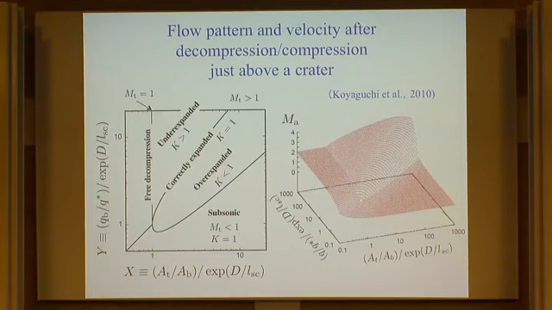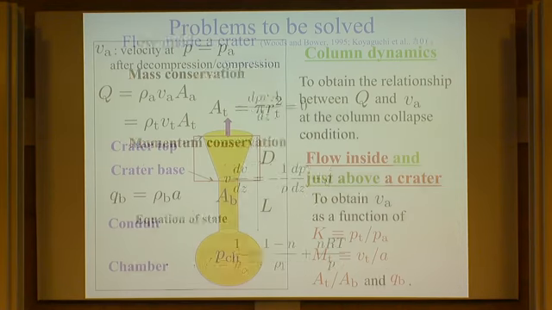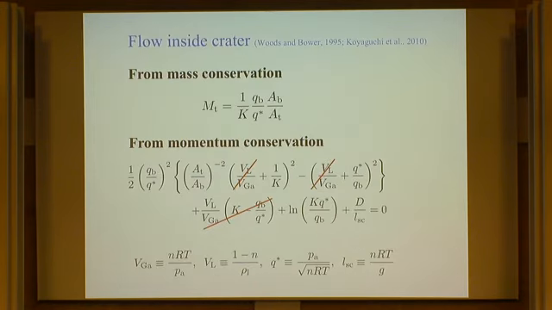The important thing is there was a drastic change, as I said, in this over-expanded region. This is because of the presence of a normal shock here, which decelerates the flow above the crater. And the shape of this shock and the velocity change drastically there.